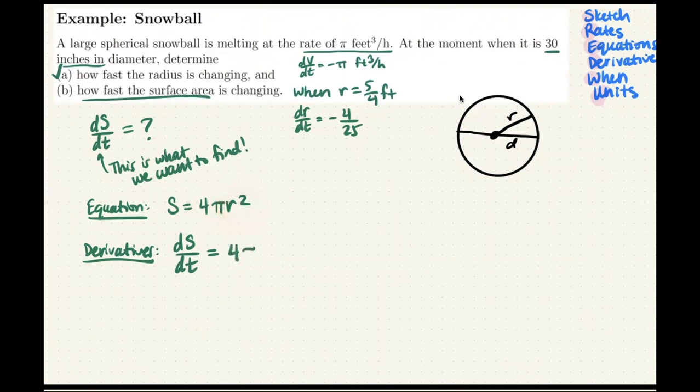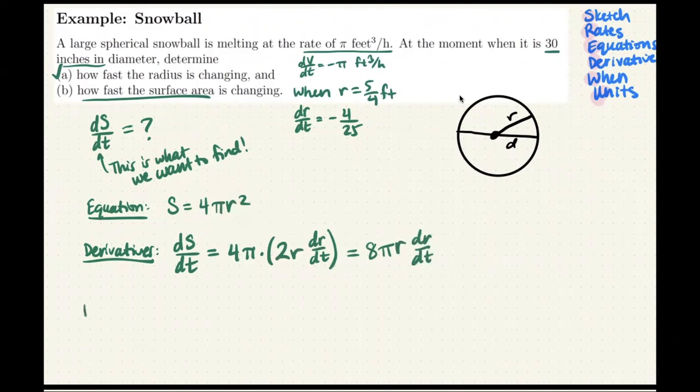So I have 4 pi times the derivative of r squared, which is 2r. But again, r depends on time, so I need to write dr/dt next to that. So really I have 8 pi r dr/dt.